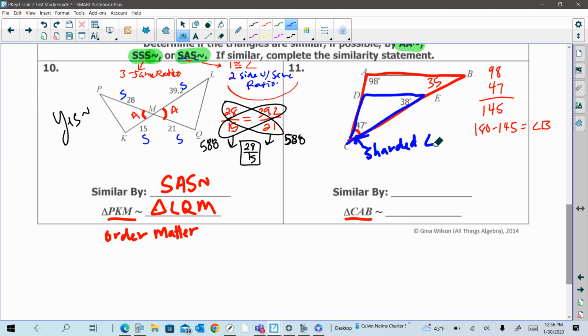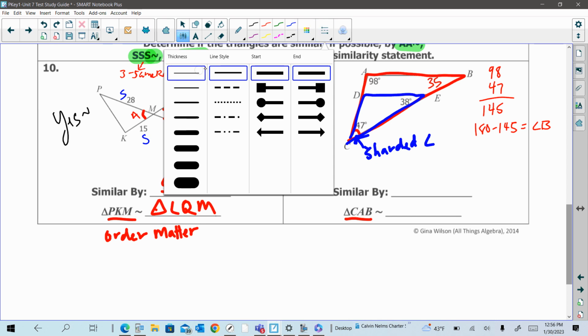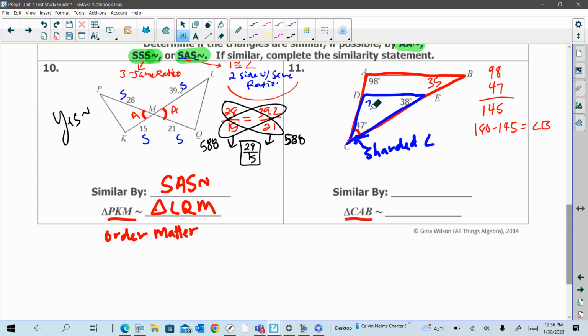So that's one angle. I need to check another one. So I could check this missing angle here, angle D, by taking my 47 and my 38, adding those together. That gives me 85. Subtract that from 180. That gives me 95.